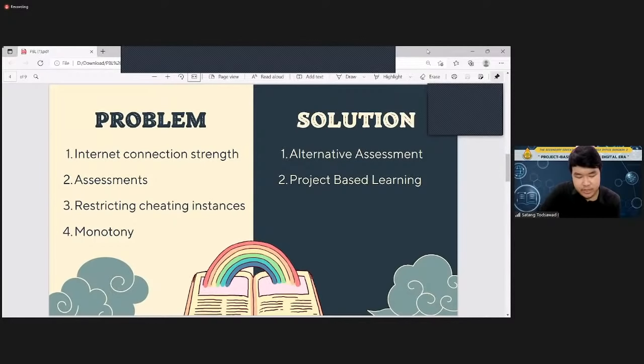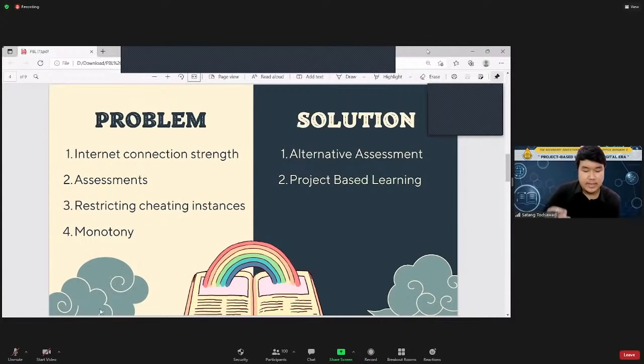Why is it difficult? Let's see the third problem. It is restricting cheating. For instance, we cannot control the class while the students are having an exam, so it is possible for a few of them to cheat on the exam.